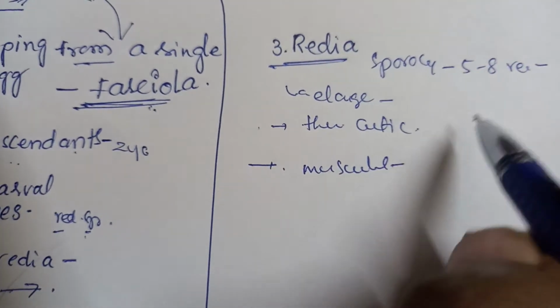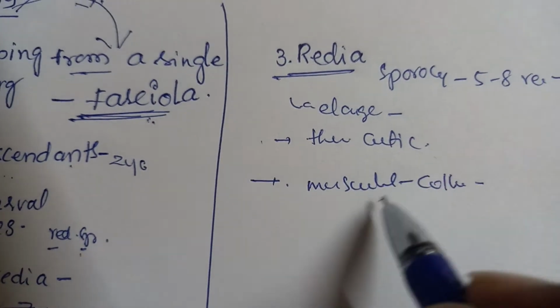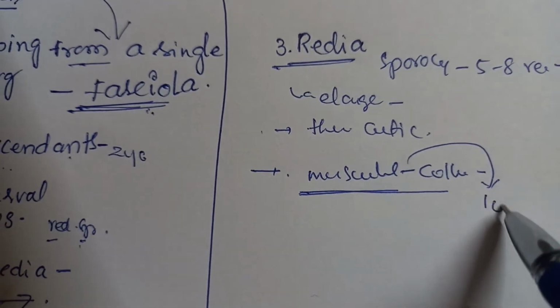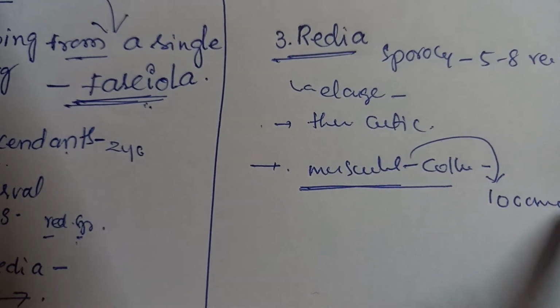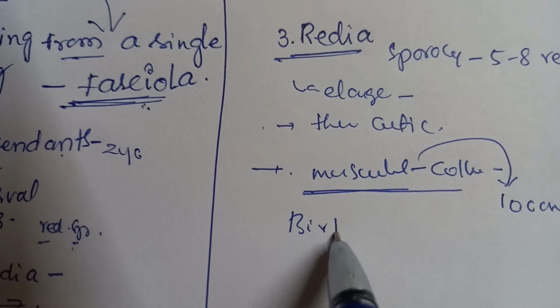The main function of this muscular collar is to help in locomotion, and a birth pore is also present.